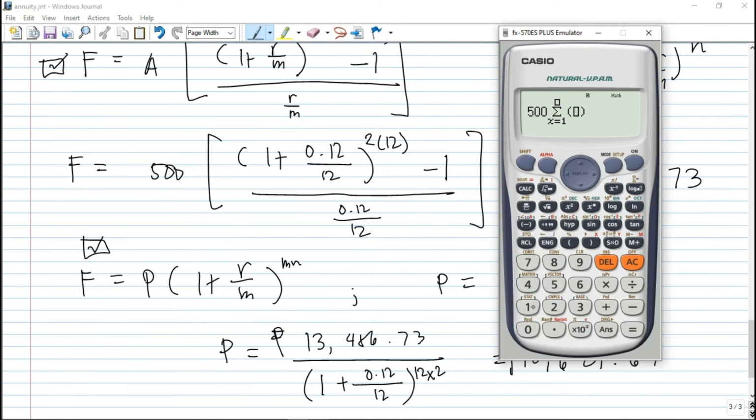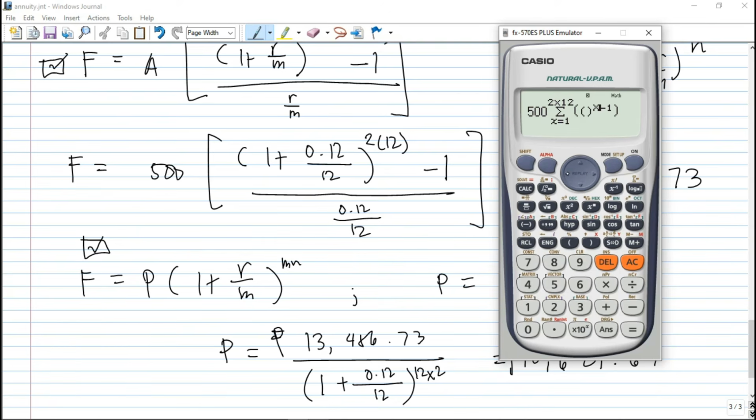Kung i-sum up mo lahat, that is 2 times 12. 2 years times, since na-compounded monthly, times 12 yan. Then, you put 2 parentheses here sa loob nito. Lagay ka pa ng isa pa. Okay, yon. Then, erase mo siya sa x minus 1 if you're dealing with future cost.